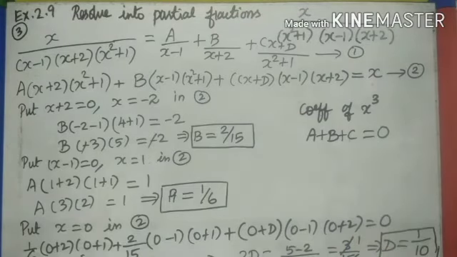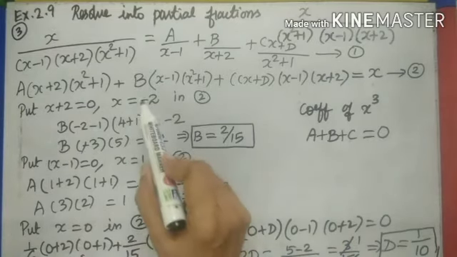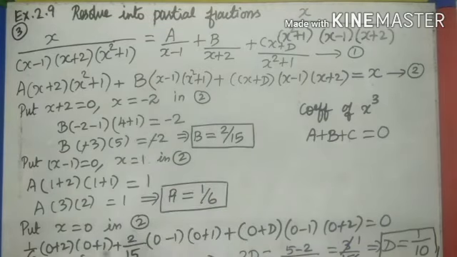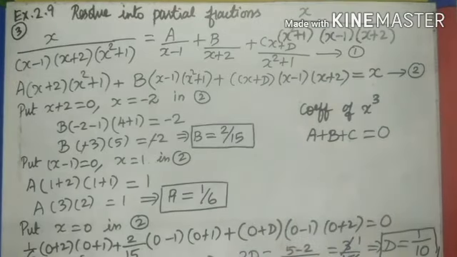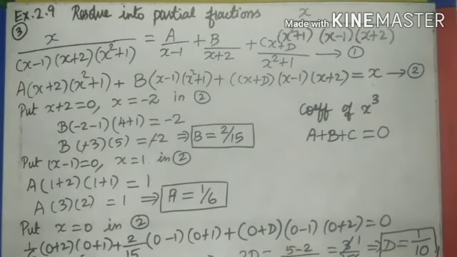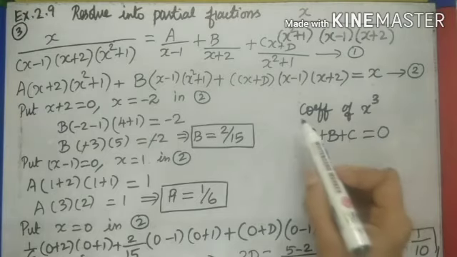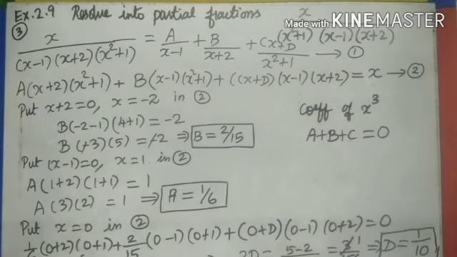So one method: wherever x is coming, I can put any convenient value. Already we have put minus 2, 1 and 0. You can put some other value, 4, 5, 6, like that and get what is C. That is one method. Second method, I can compare the coefficient of x cube.